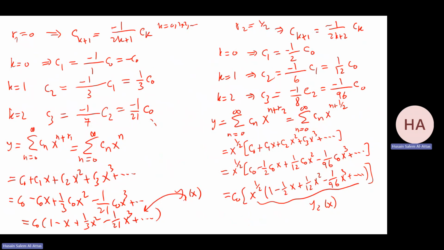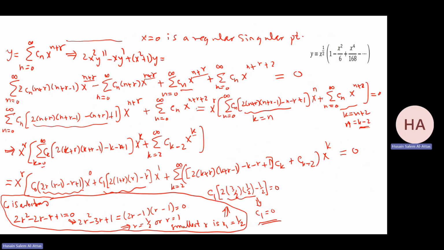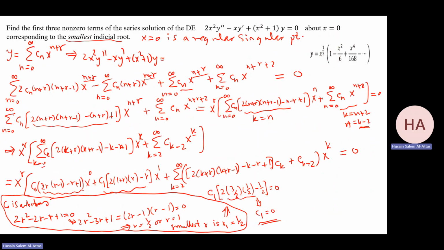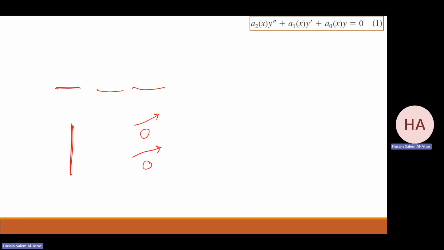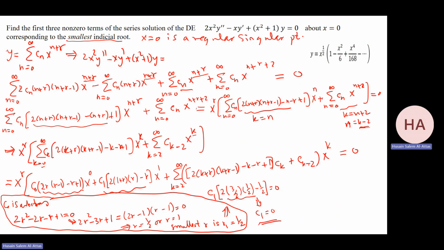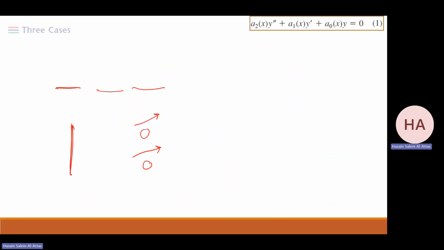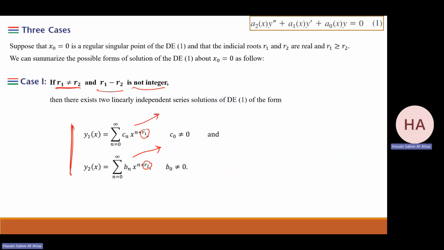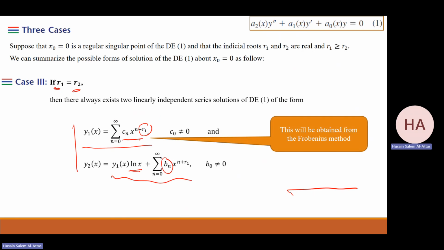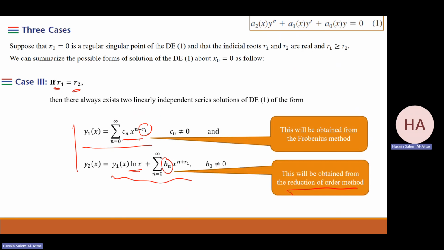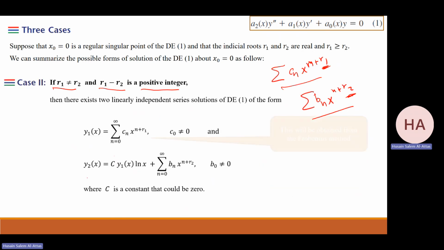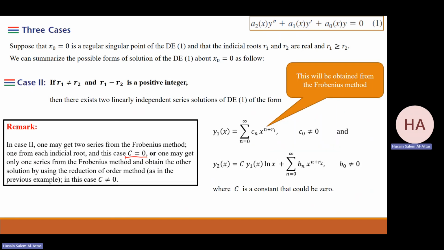It depends on the difference between the indicial roots, or whether they are repeated or not. Usually we work with either the smallest indicial root or one of the indicial roots, and you can find at least one solution for sure through the series solution. The other solution needs a complicated calculation, which is not part of this course.